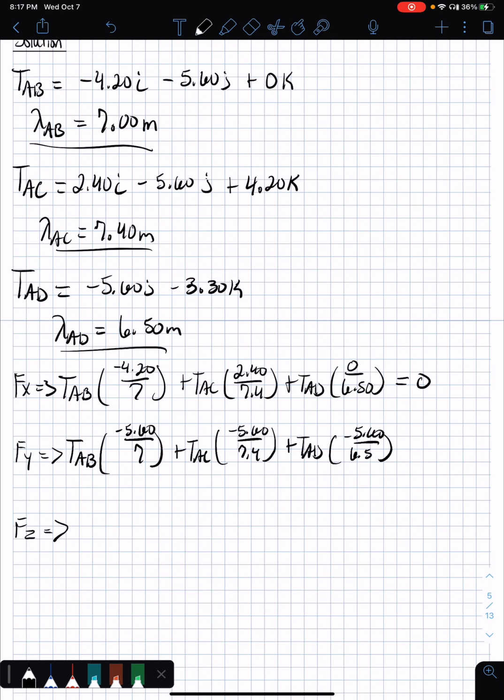And now we have the vertical force at A, so that is a plus 800 Newtons, all equal to 0.